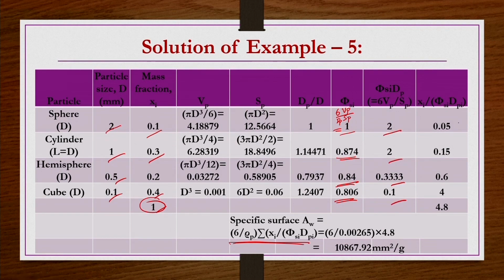Now x_i by phi_s d_p, you get these numbers and add them together. So, you get 4.8. So, 6 by rho_p is 0.00265 gram per mm cube multiplied by sigma x_i by phi_si d_pi, which is 4.8. That gives us 10867.92 mm square per gram.